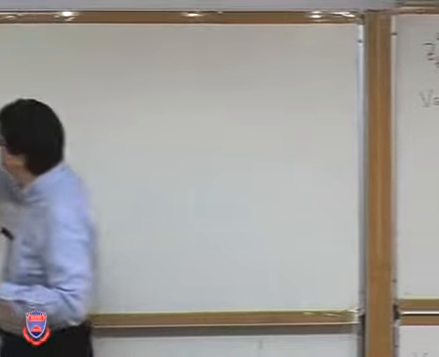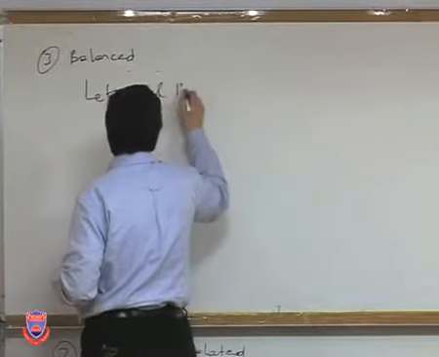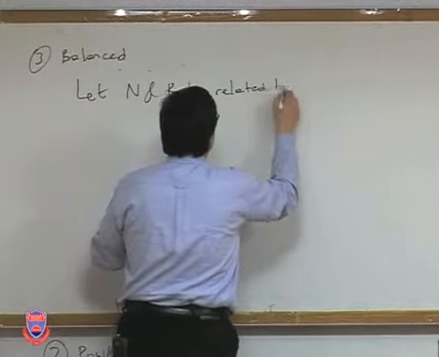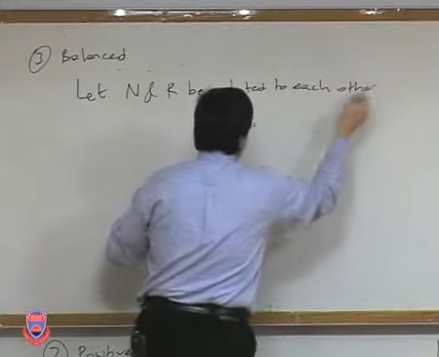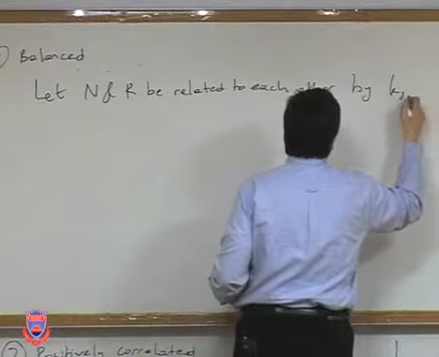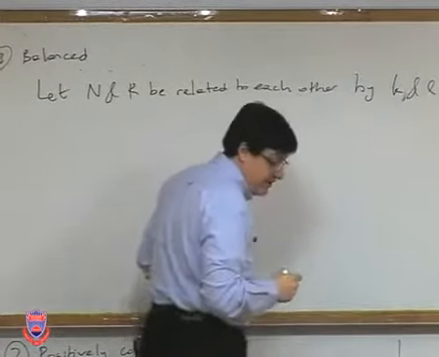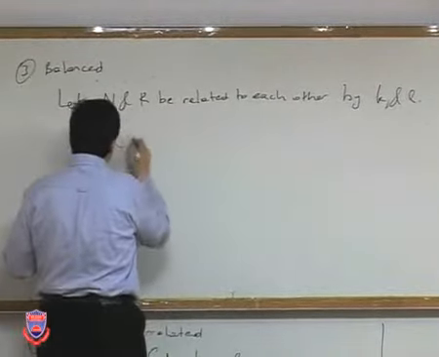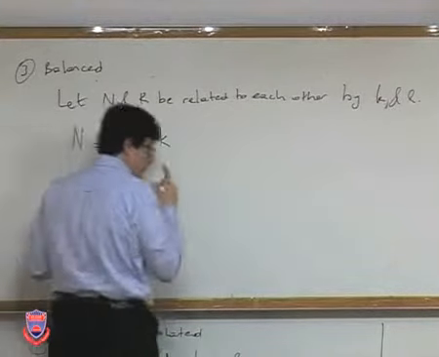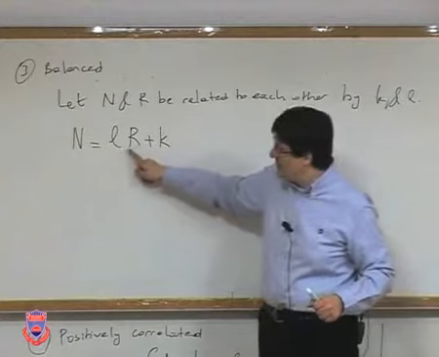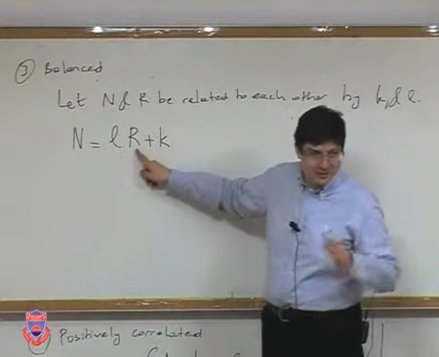So let N and R, which are integers, be related to each other by two additional integers, K and L, in such a way that we can write N is equal to L times R plus K. This is like the modulo operation; you take everything in terms of modulo R, sort of.